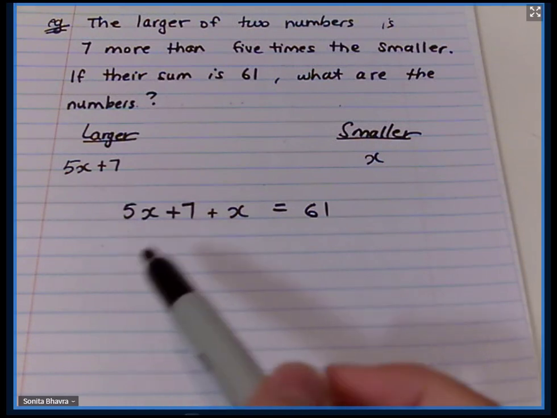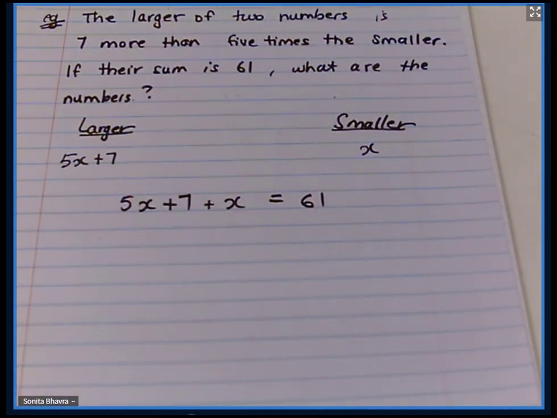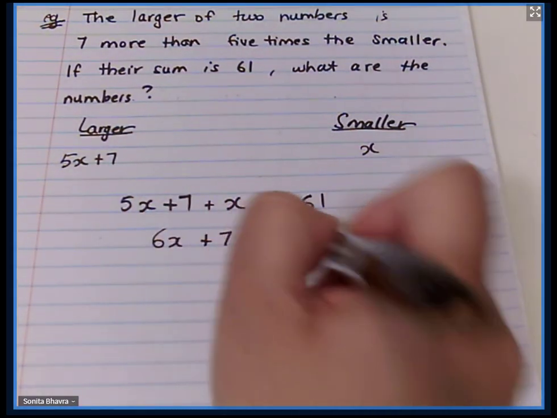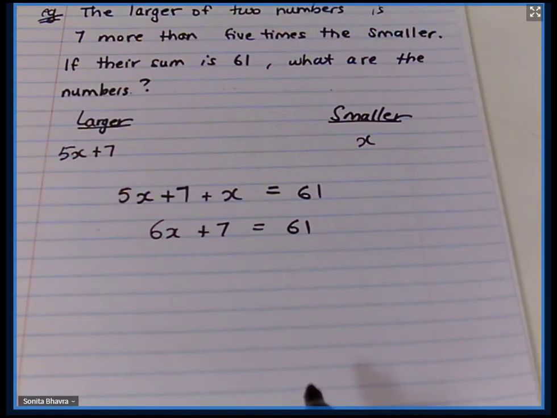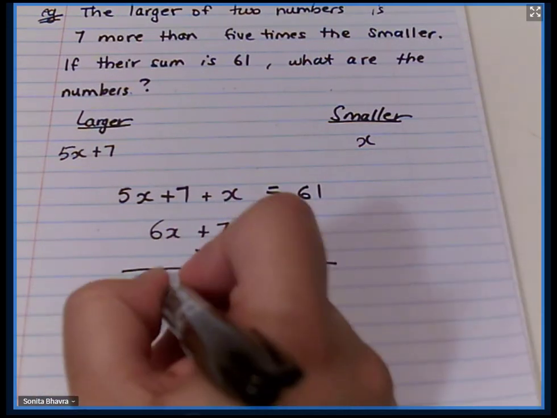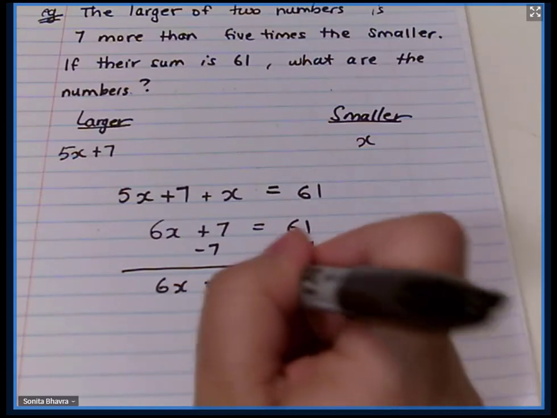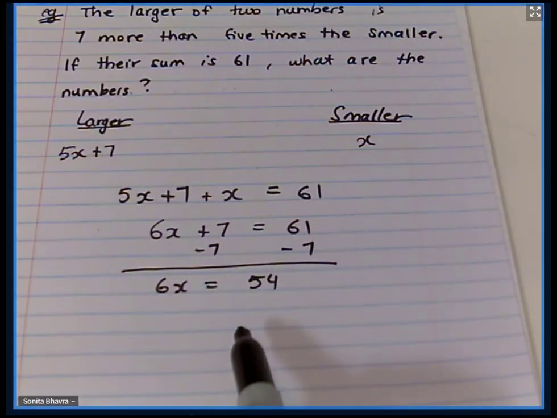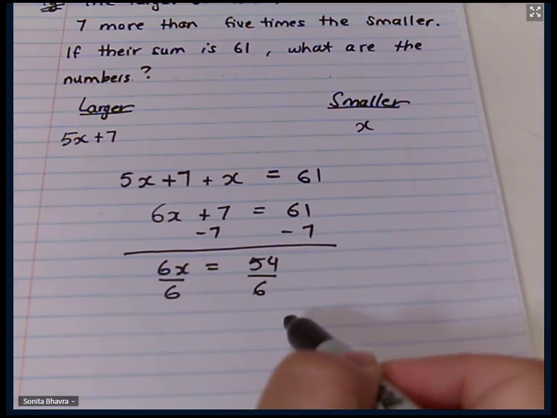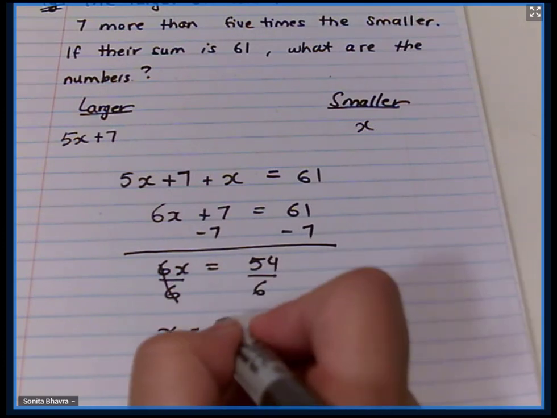Now we solve for X. 5X plus X I'll collect together first to give me 6X plus 7 is equal to 61. Then I subtract the 7 on both sides, so 6X is equal to 61 minus 7, which is 54. The last step is to divide by 6, so X is equal to 54 divided by 6, which is 9.